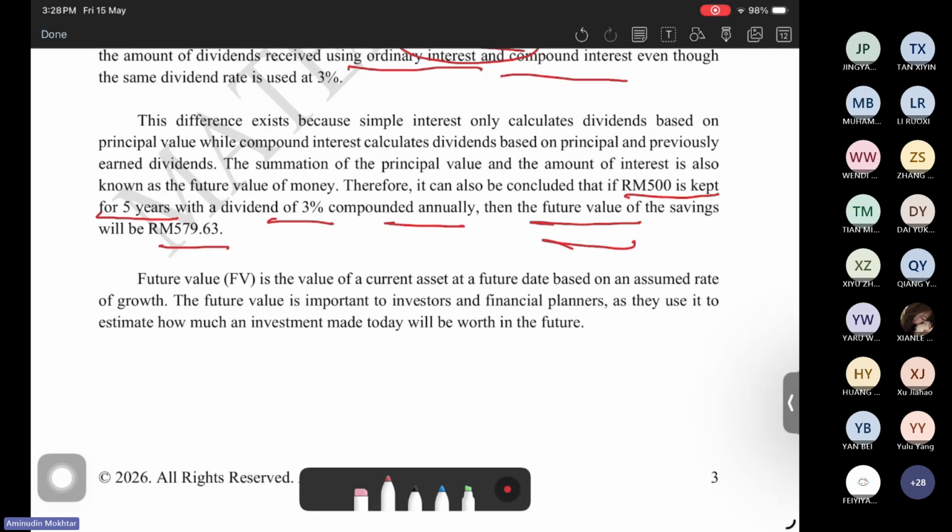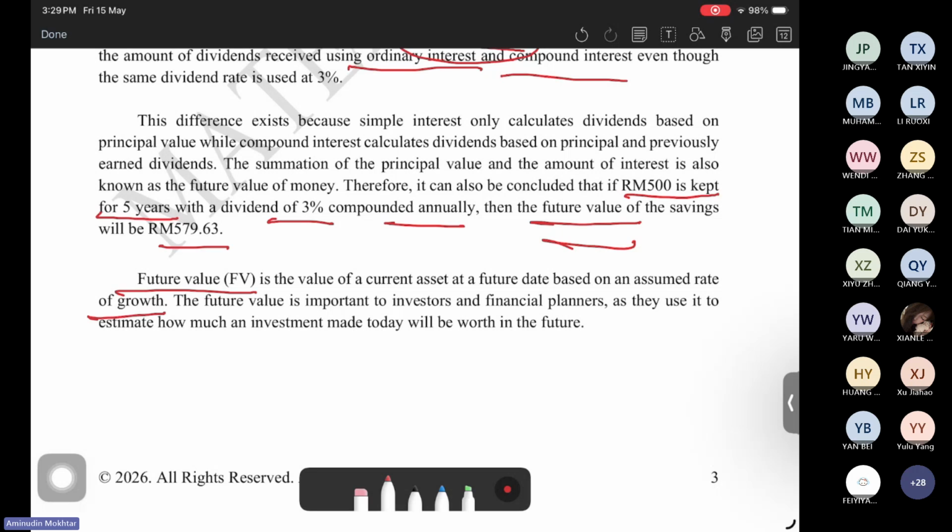So the future value is based on the principal, current interest rate and how the interest rate is calculated, whether by using the simple interest rate or compounded interest rate. So there is one concept here, the future value. What is a future value? Future value is the value of a current asset at a future date based on assumed rate of growth.